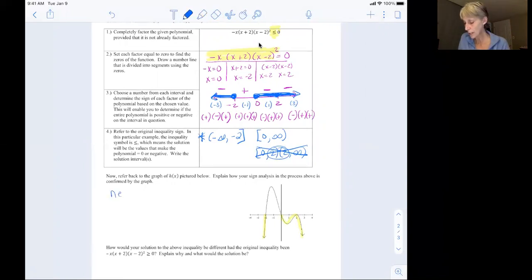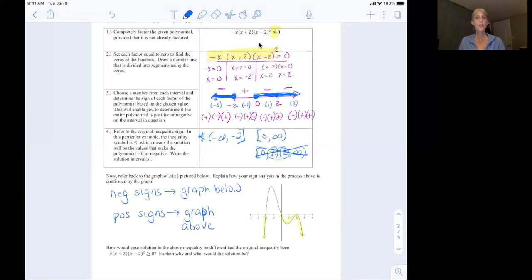So negative signs correspond to the graph below the axis, and positive signs on our number line is where the graph is above. Do we need to be looking at the picture? No, if we get good at number line testing, we can trust our number line and we don't have to see that picture.